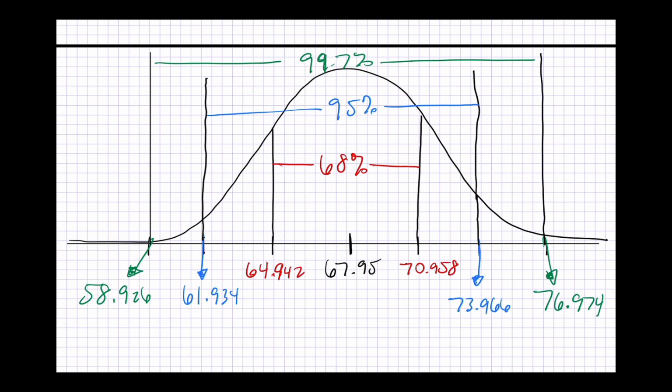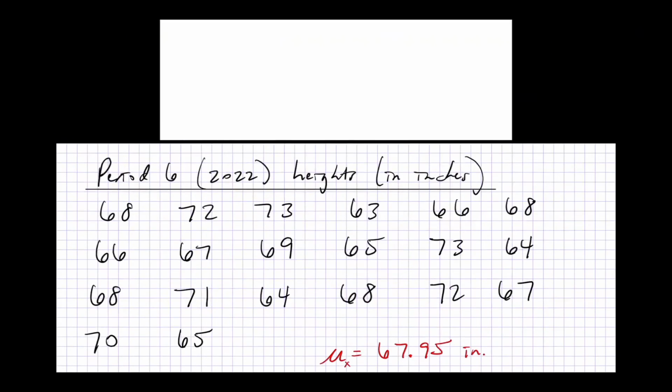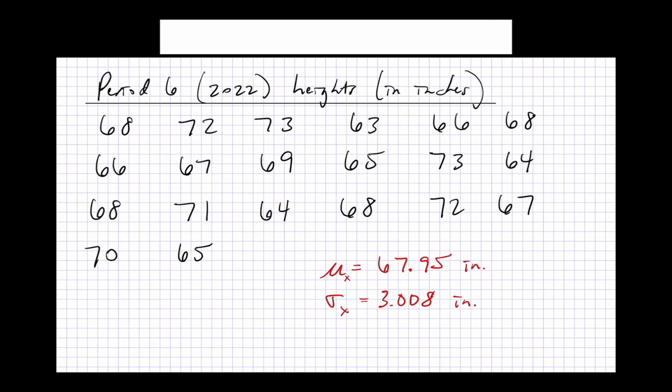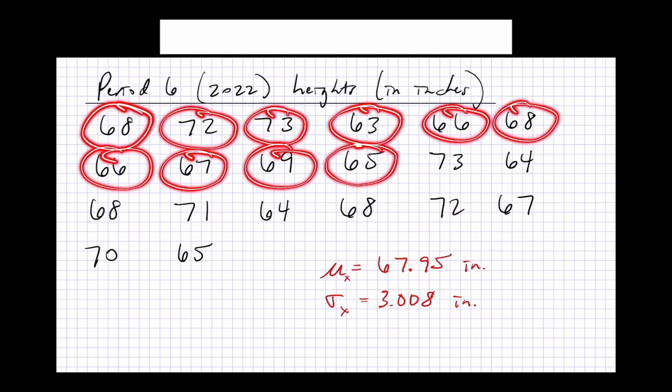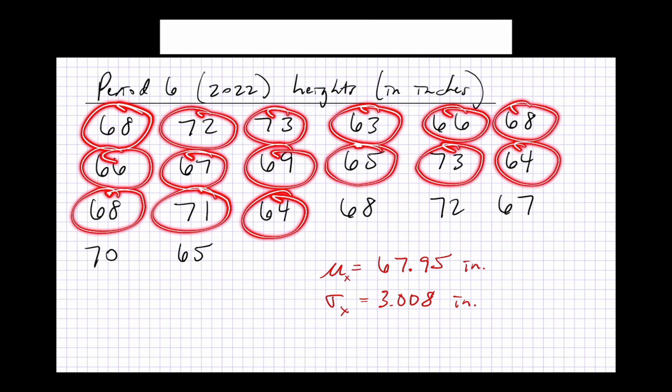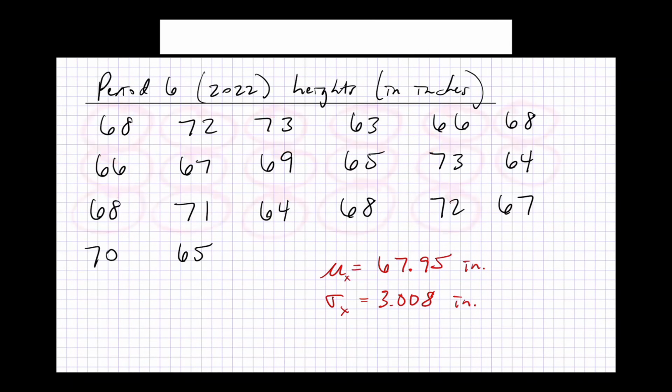61.9 something to 73.9. So 62 to 73. 1, 2, 3, 4, 5, 6, 7, 8, 9, 10, 11, 12, 13, 14, 15, 17, 18, 19, 20.